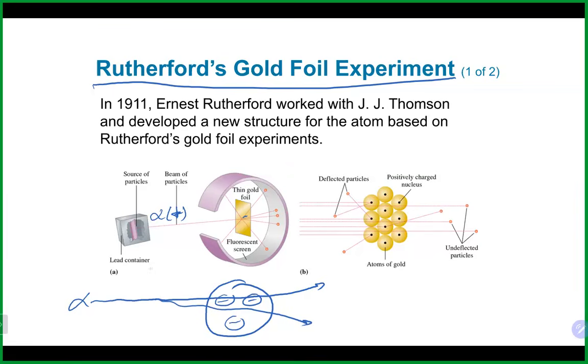They were really surprised that that's frankly not what happened. When they shot these alpha particles at the gold foil, they saw that most of the alpha particles went right through with no problem, just sailed right through.